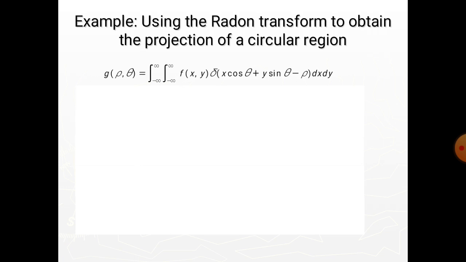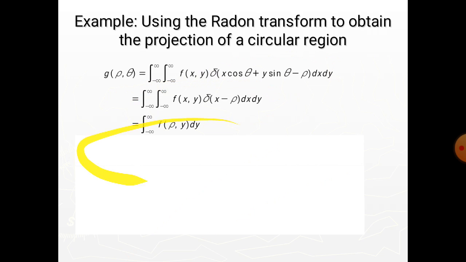Here g of p, theta is equal to the integral from minus infinity to infinity of f of x,y into delta of x cos theta plus y sin theta minus p, dx dy, which is now the integral of f of p,y dy. We get this equation, with limits from minus root of r squared minus p squared up to root of r squared minus p squared, of f of p,y dy.